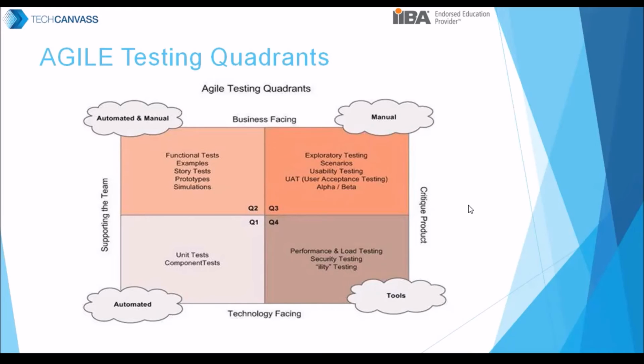It was an e-commerce website. So the first thing we did in that particular iteration was start with load testing. So yes, we have marked it as Q1, Q2, Q3, Q4, but it is not necessary that you go through these quadrants in this fashion.